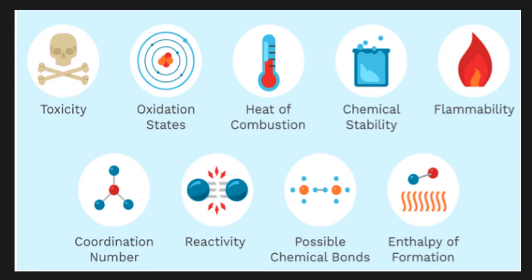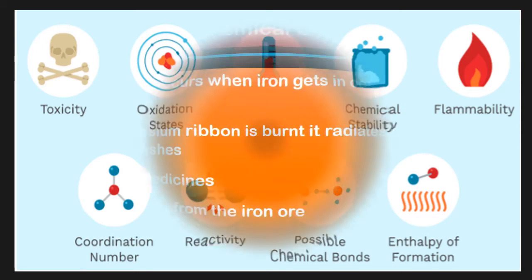Enthalpy of formation means the amount of heat that is required in the formation of a new chemical substance. These are all examples of chemical properties. Any change in these chemical properties will bring about a chemical change.